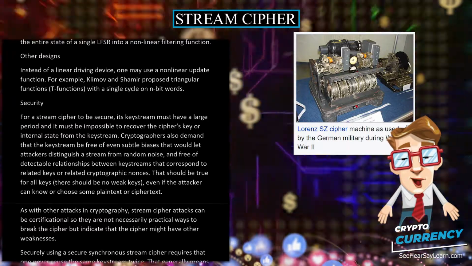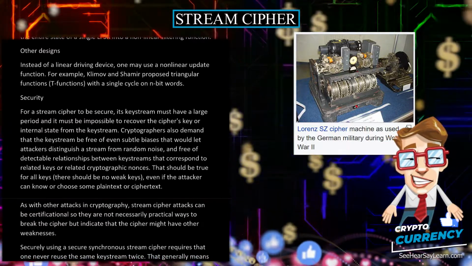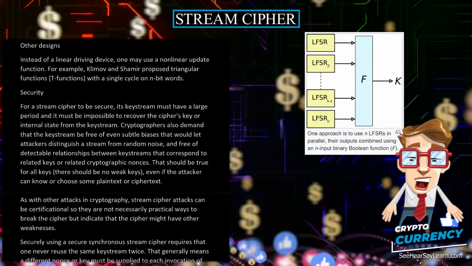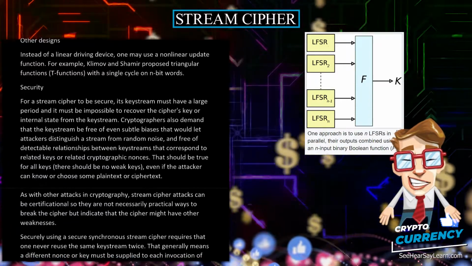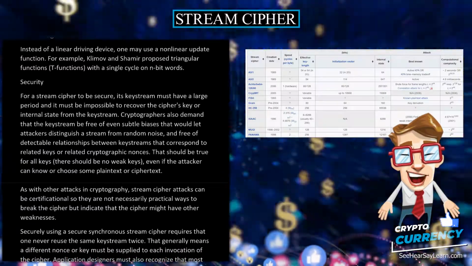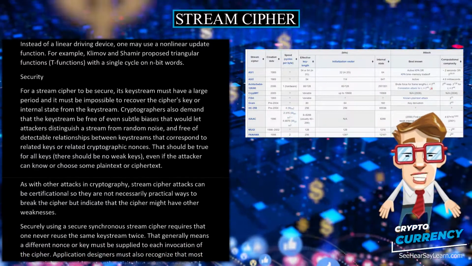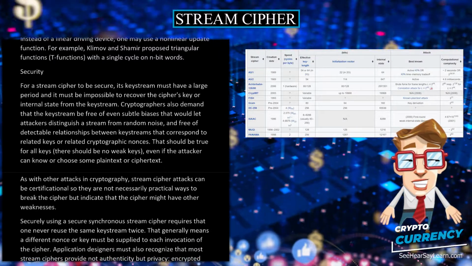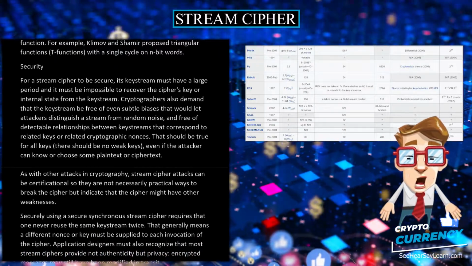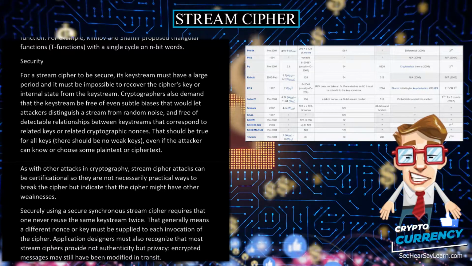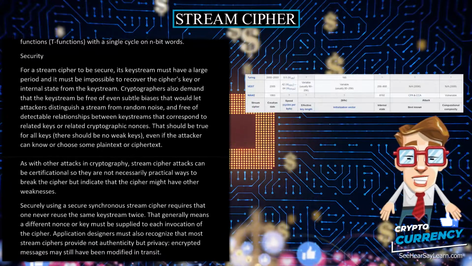That should be true for all keys. There should be no weak keys, even if the attacker can know or choose some plaintext or ciphertext. As with other attacks in cryptography, stream cipher attacks can be certificational, so they are not necessarily practical ways to break the cipher but indicate that the cipher might have other weaknesses.